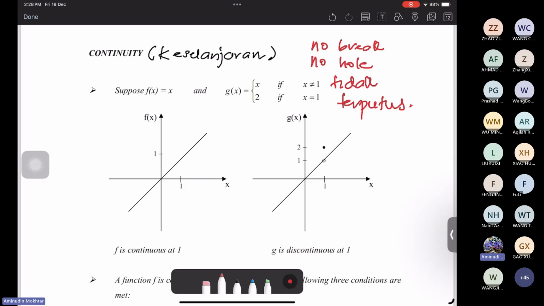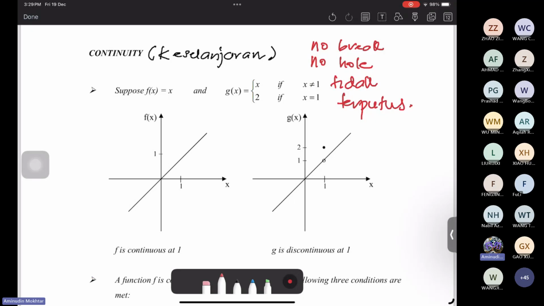In other words, if a function is continuous, we can draw the graph without lifting our pen from the paper. Kita boleh lukis tanpa kita angkat pen. Itu maksudnya tidak terputus.